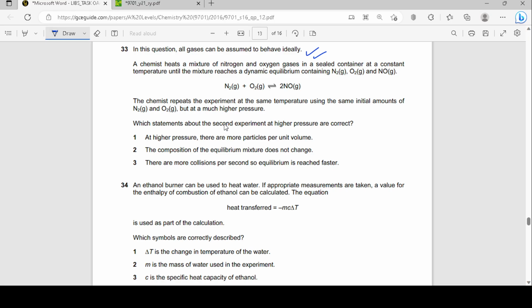At higher pressure, there are more particles per unit volume. So assuming it behaves ideally, right? If you think about it using the equation PV equals nRT, particles per unit volume depends on the number of moles per unit volume, so n over V. Then we can shift the other stuff to the left-hand side to become P over RT equals n over V. R and T are constant, right?